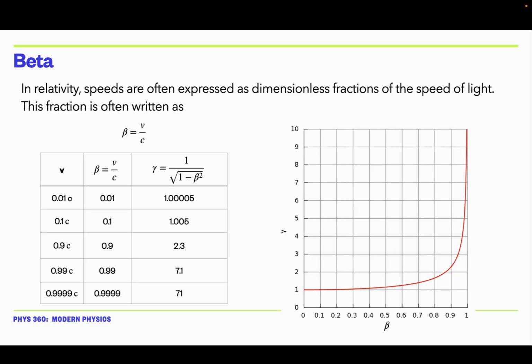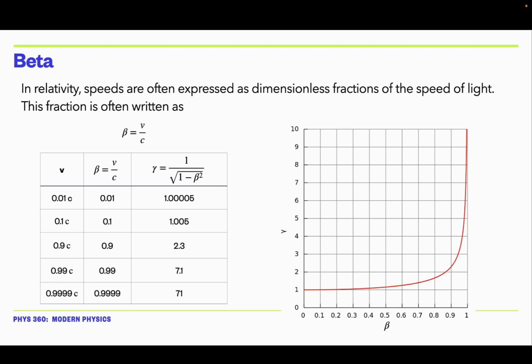While we're at it, it's good to note that sometimes people define another dimensionless quantity called the beta factor. Beta is just the ratio of the velocity to the speed of light. Before we were writing that the velocity was, say, 0.01 c; well, you could just say that beta is equal to 0.01. Same thing.